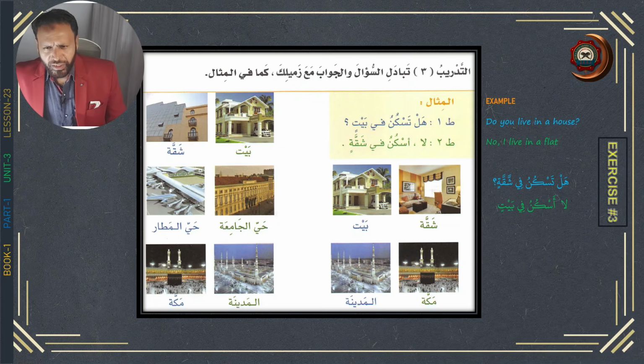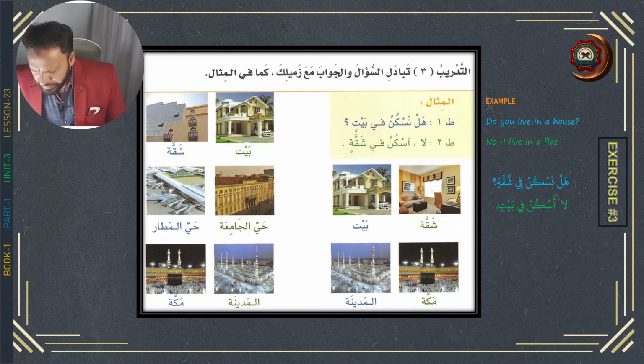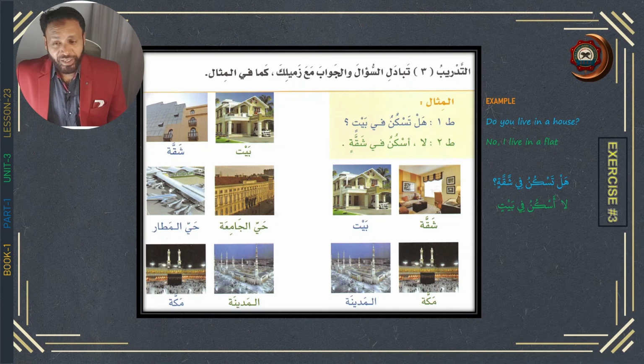Then we go to the next one, bottom right. Let's go to Nusrat ma'am and Nazneen ma'am. I'm going random, okay? Hal taskunu fi Makkatin? Now here, for Makkah, the last harakat is dropped, because that is the name of a place, which is partially flexible.